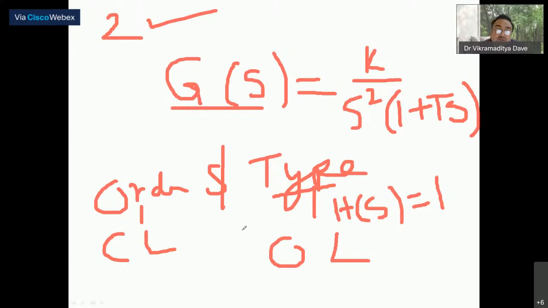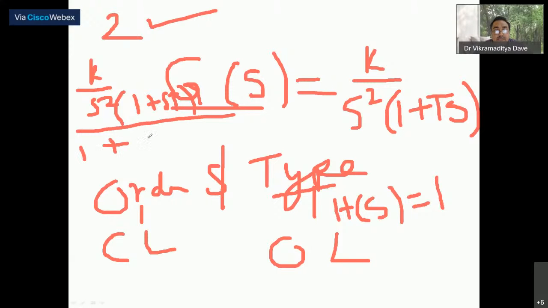For the order, you have to use the formula for the closed loop transfer function, G(s) upon 1 plus G(s)H(s). So G(s) is this much, K upon s squared (1 plus sT), upon 1 plus G(s)H(s), multiplied by H(s).